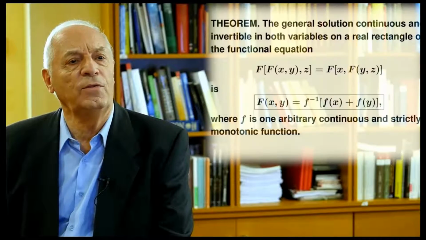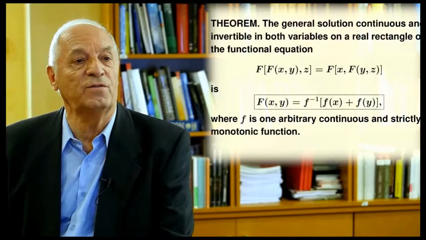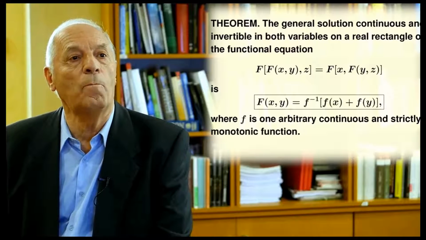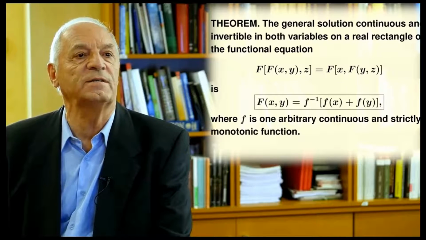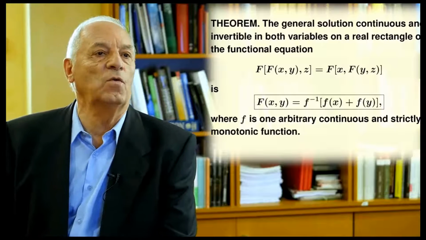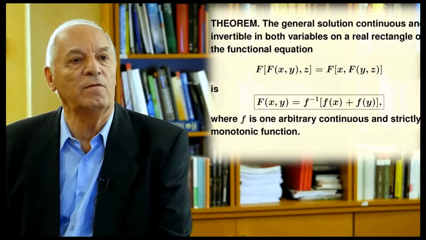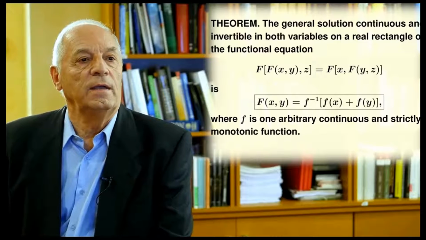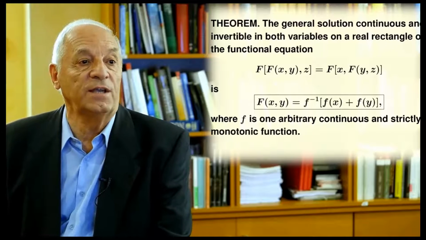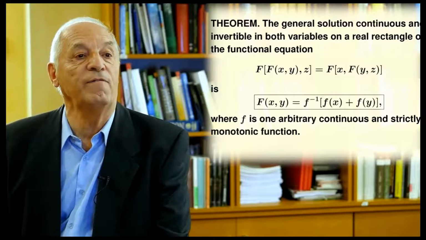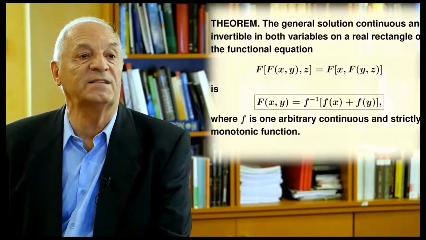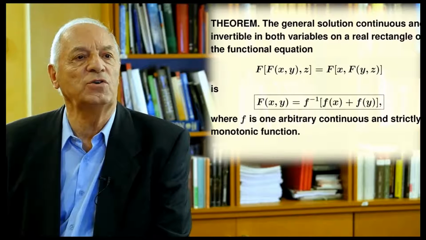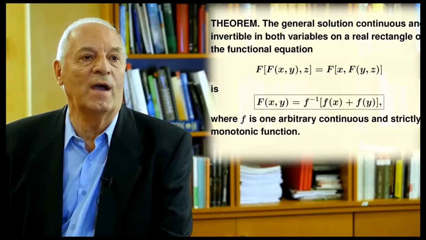Now we are going to see, and it will be a pleasure for you, what all associative operations are. And functional equations will reveal to us the form of these associative operations. F of x,y, that is x operated with y, is f minus 1 of f of x plus f of y. We were looking for a function of 2 arguments, x and y.